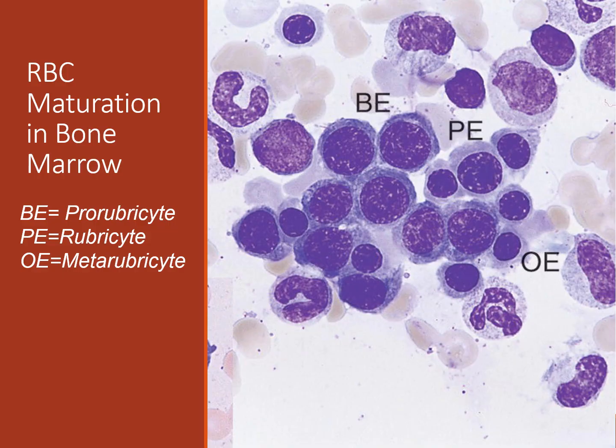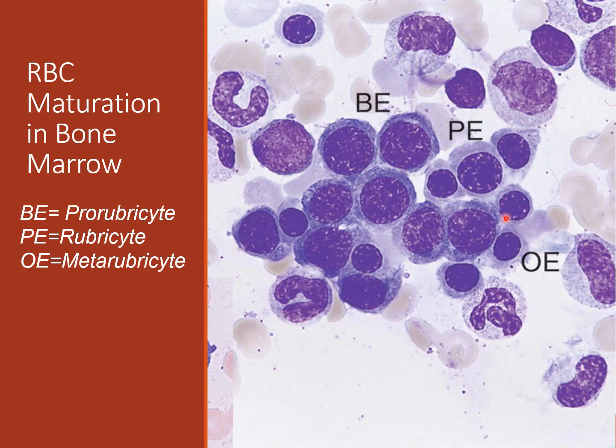Right, so if you look here in the bone marrow, you can kind of see the representation of the different phases. So here we have the prorubricite, that's the second phase.